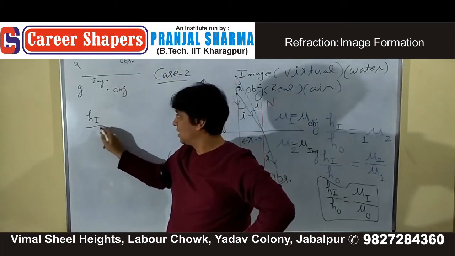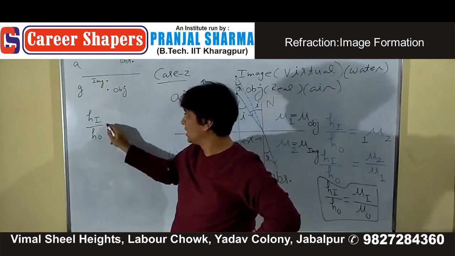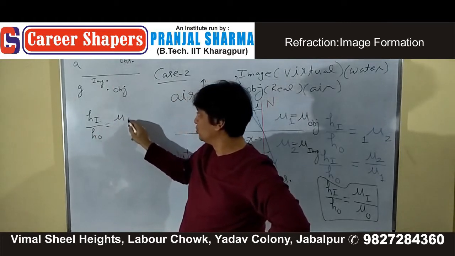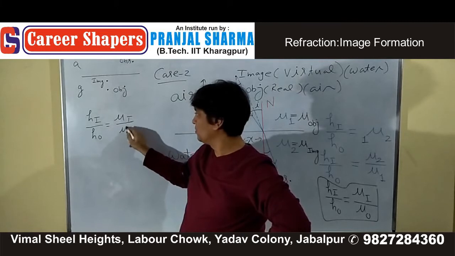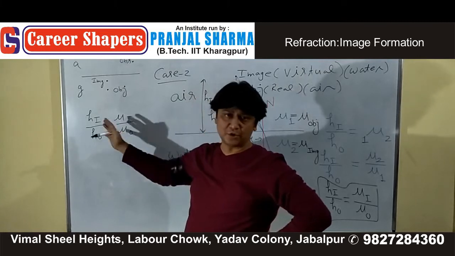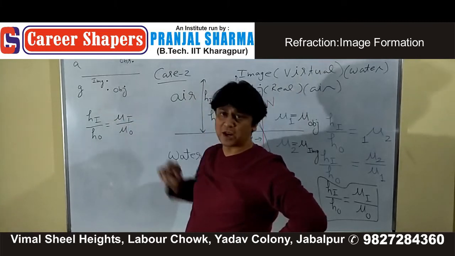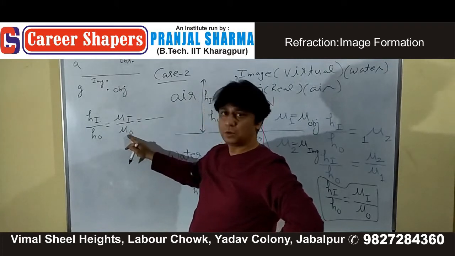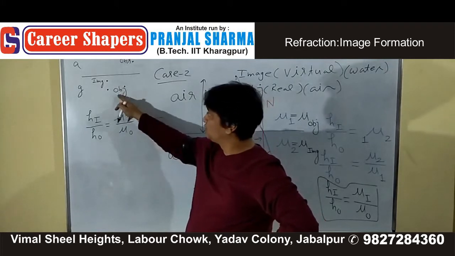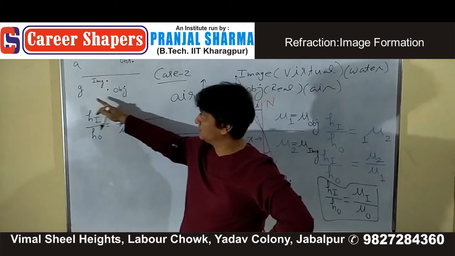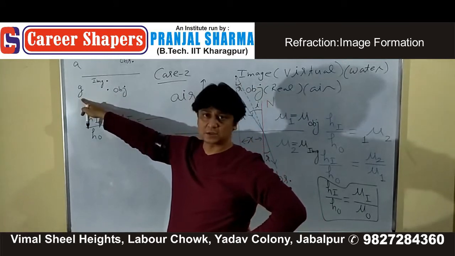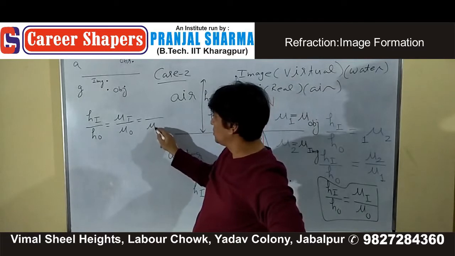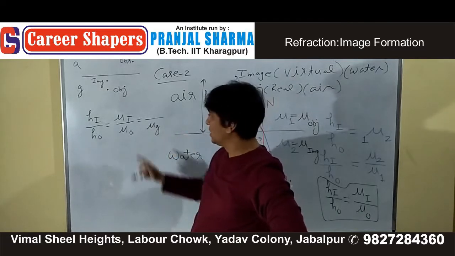Hi upon ho as mu I upon mu o. Simply remember this line. Hi upon ho is mu I upon mu o. Then, what is mu o? Object. Object is in which medium? Glass. Write down mu g.